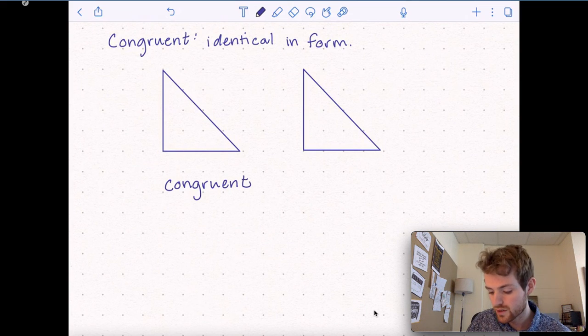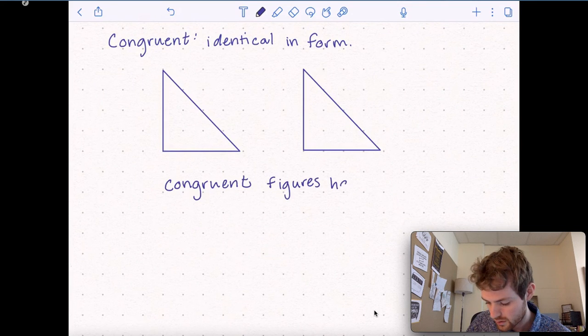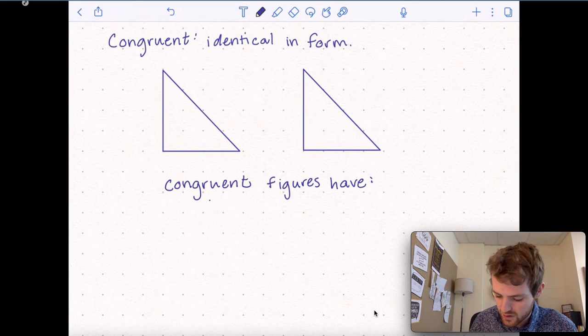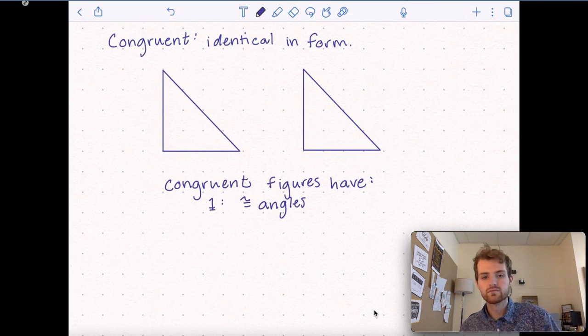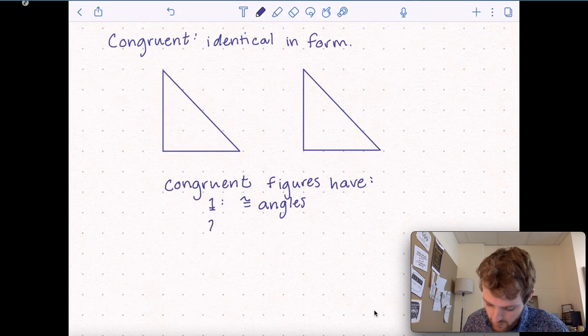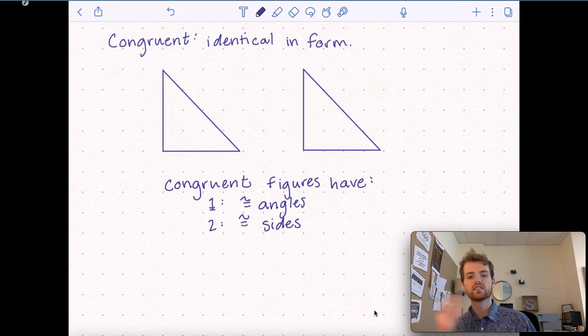So congruent figures, here's our checklist for what we're looking for. Our first thing is we need to have congruent angles. The second thing we're looking for is congruent sides. Okay, this is our checklist.